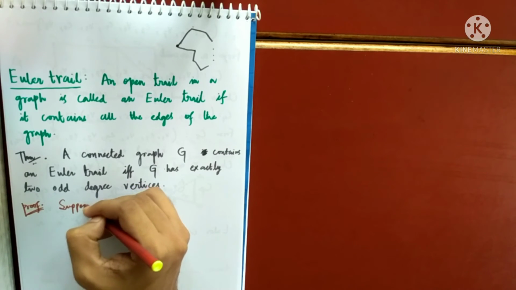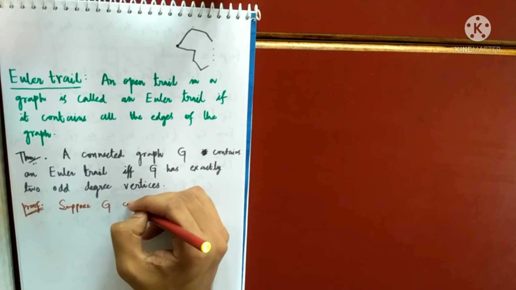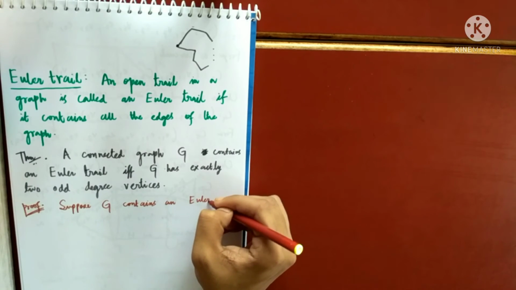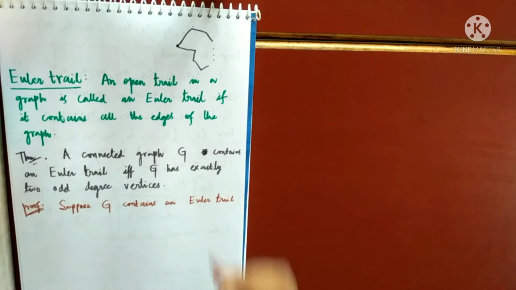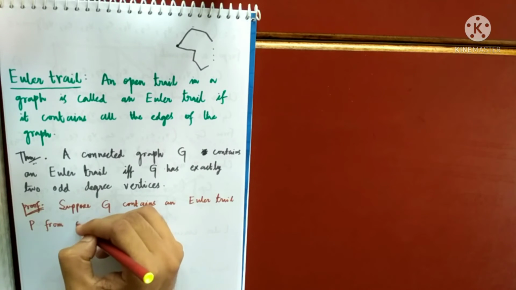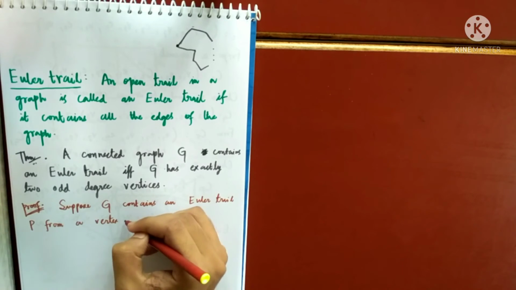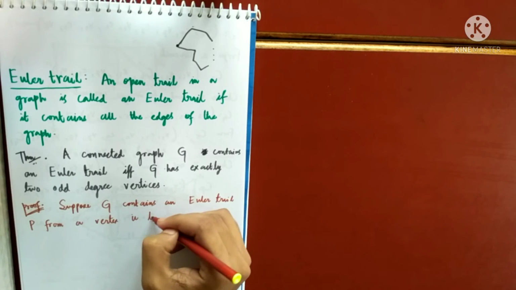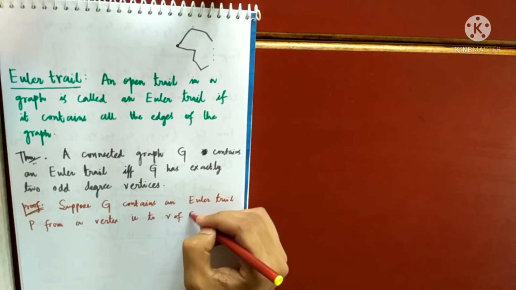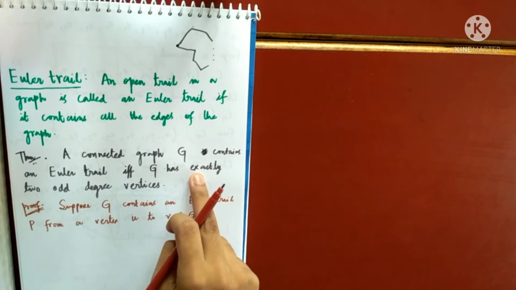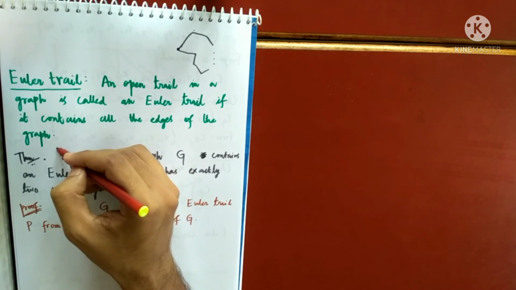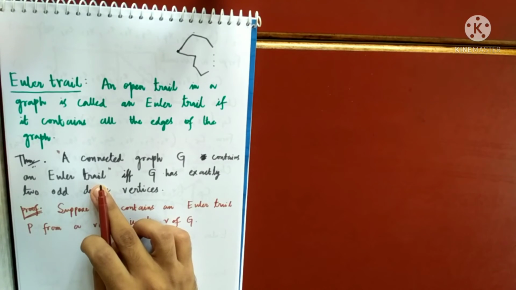Suppose G contains an Euler trail. Let me call this Euler trail P, and suppose it goes from a vertex U to V. I'm supposing this condition, that my graph G contains an Euler trail.